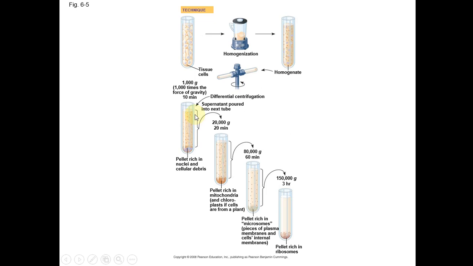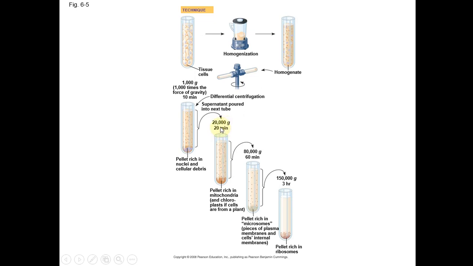Okay, they are not affected using this 1,000 times the force of gravity for 10 minutes. Then, we separate the supernatant into another tube. Okay, then we centrifugate that for 20,000 times the force of gravity for 20 minutes.